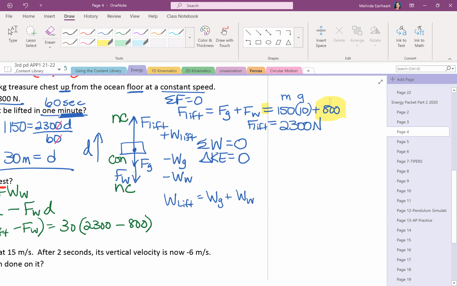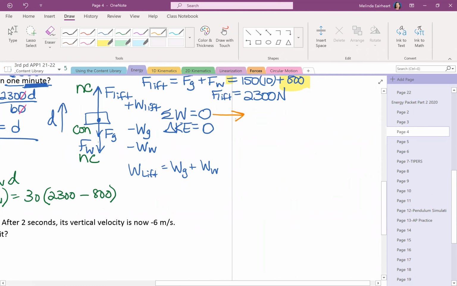Well, how can that be? Gravity is not non-conservative. Watch this. It's unique to this problem. Remember how we said net work was equal to 0? Remember how we said the work done by the lift force was equal to the gravitation in the water? And so what if we take that net work a little different?